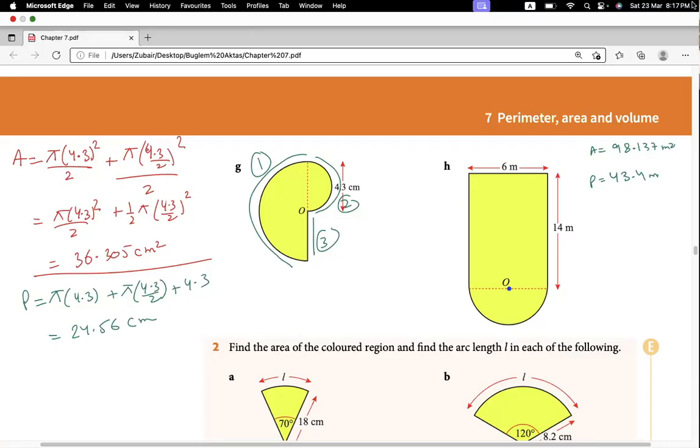For the perimeter, I got 43.42. So basically 43.4.